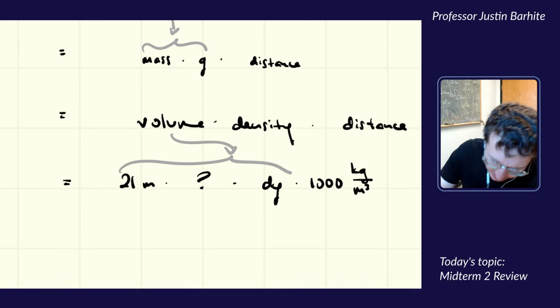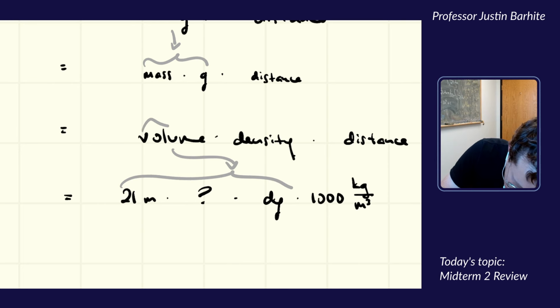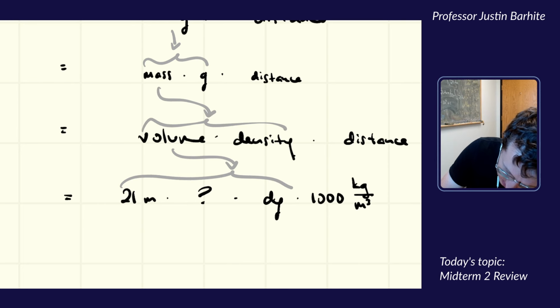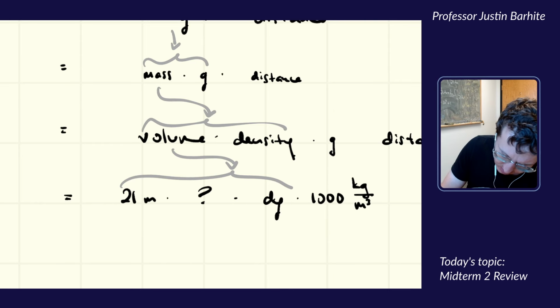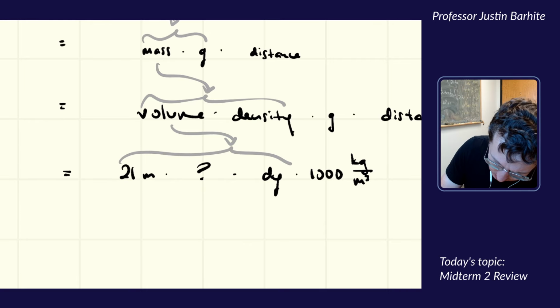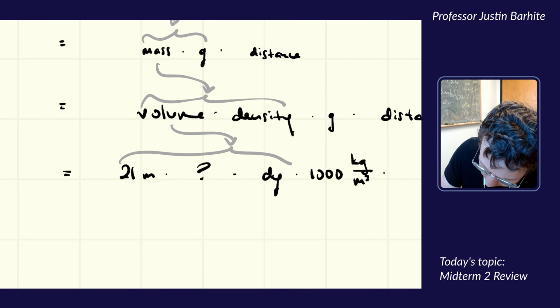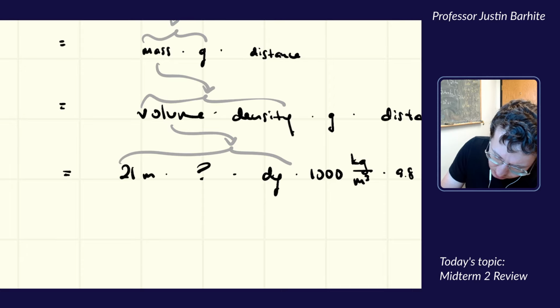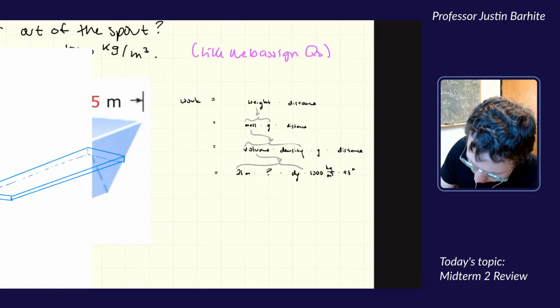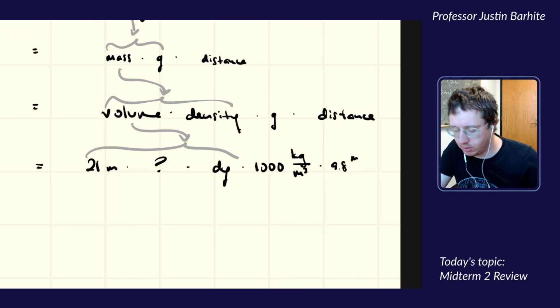And the mass is the volume times the density. Let's just go ahead and write out what g is. It's 9.8. Oops. Sorry, you can't really see this on the screen, can you?